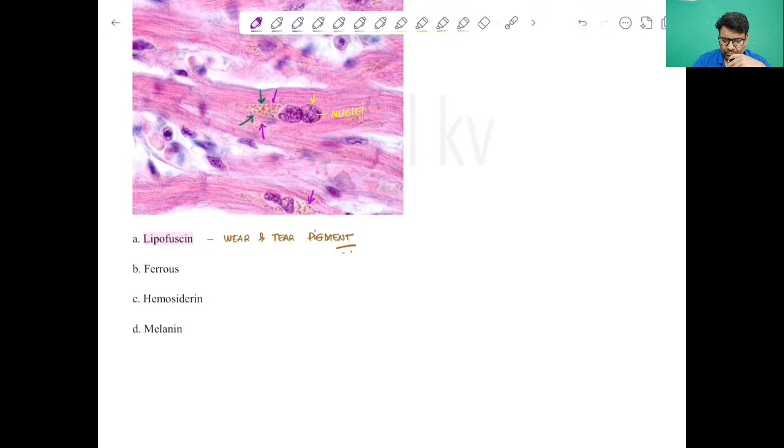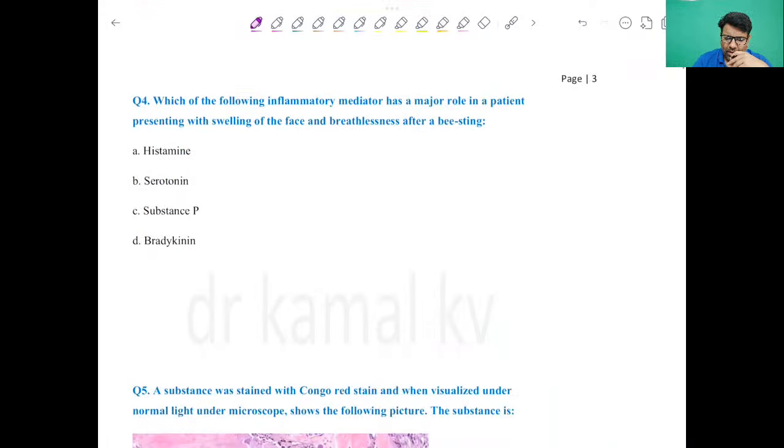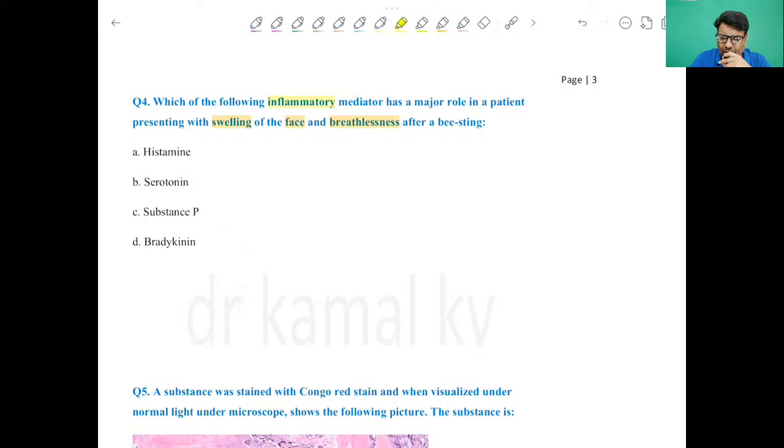Absolutely right, Varsha. Then moving forward, which of the inflammatory mediators has a major role in a patient who is presenting with swelling on the face and breathlessness after a bee sting? So here it's a classical case of bee sting, and after that the patient is having anaphylaxis, with swelling of face and difficulty in breathing.